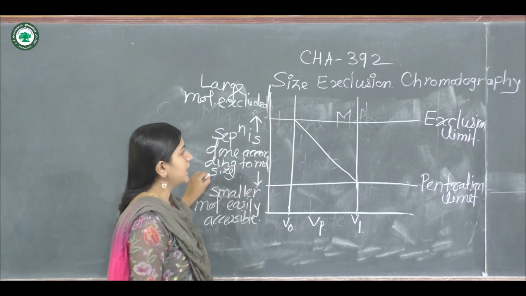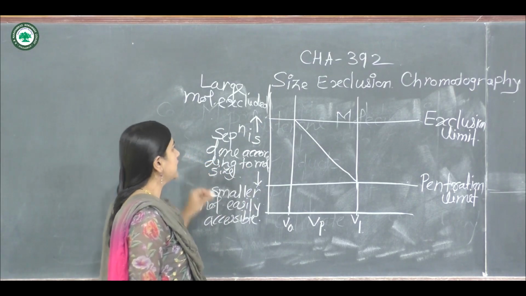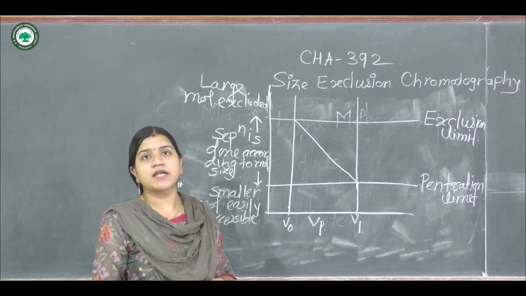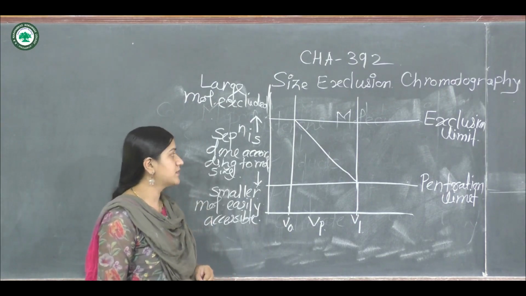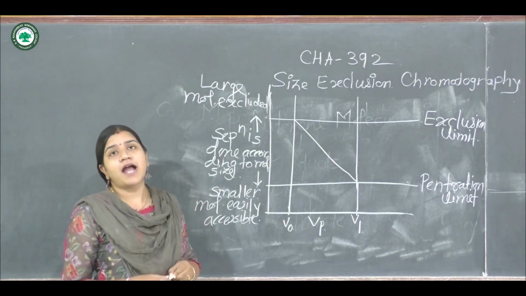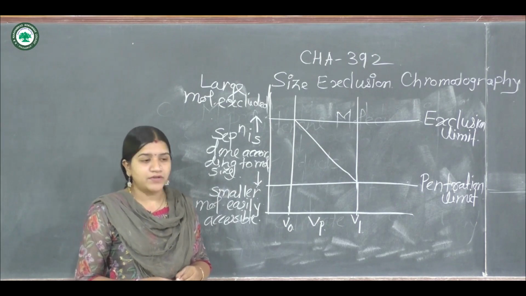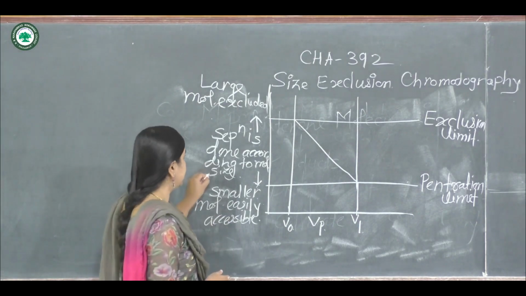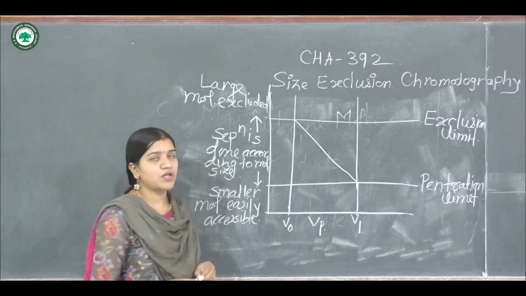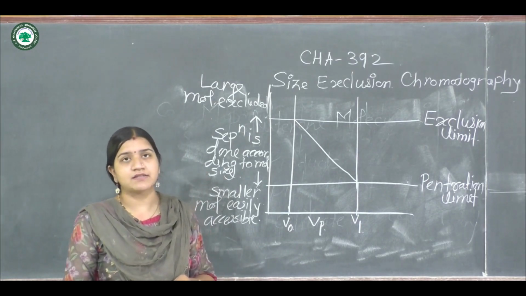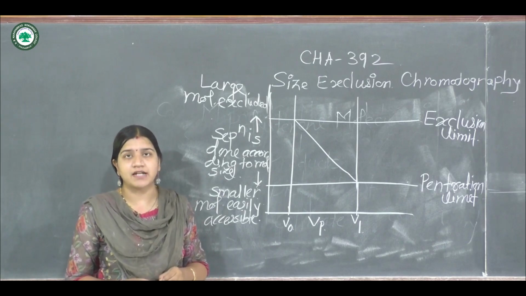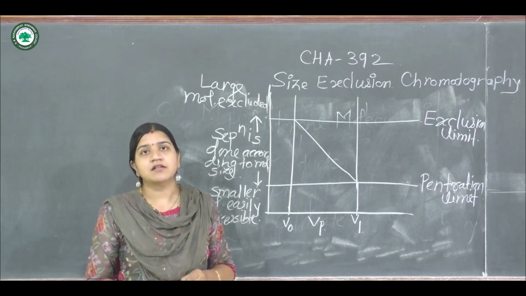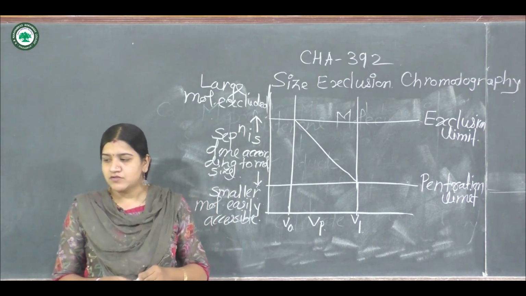Now after that, when the particles have a medium size, then middle sized particles can be penetrated and you will get a well resolved chromatogram depending on the size of a particle in this region. And very small particles which are easily accessible will be eluted at last, and the time taken is known as the breakthrough time.